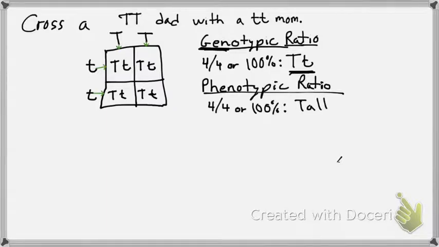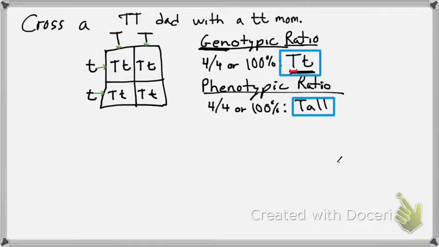So that's genotypic ratios and phenotypic ratios. Genotypic means what are their genes going to look like? They will have one dominant allele and one recessive allele. Phenotype means what will they physically look like? They will all be tall, because so long as you have at least one dominant allele, you are going to manifest that dominant allele. So they have one big T, so they are going to be tall.